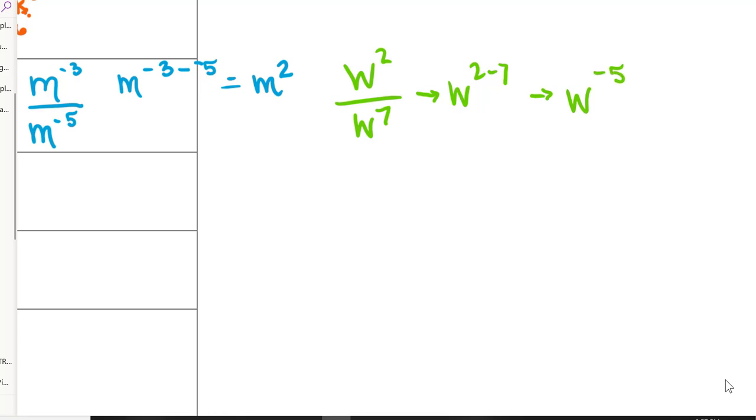And most of the time, your directions will say, write it with a positive exponent, meaning let's get rid of this negative on the exponent. And to do that, as we've already discussed, we're going to reciprocate this and make it 1 over w to the fifth.